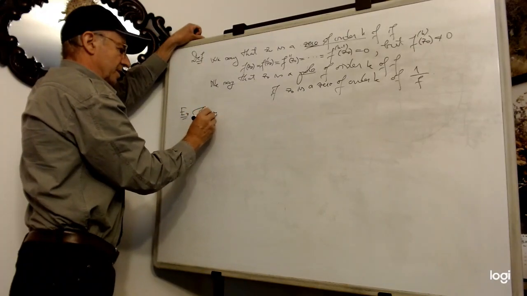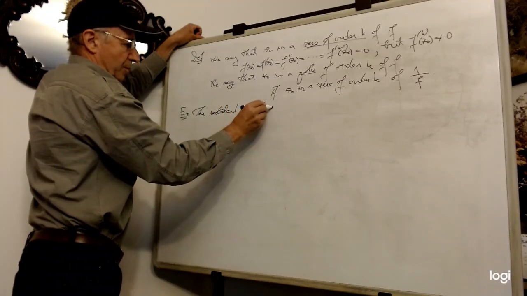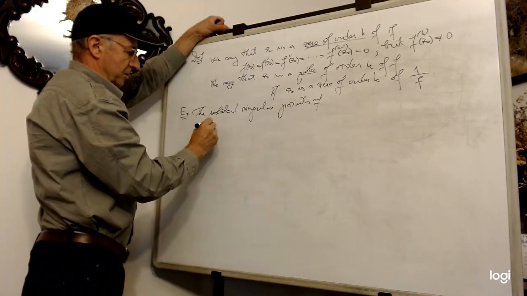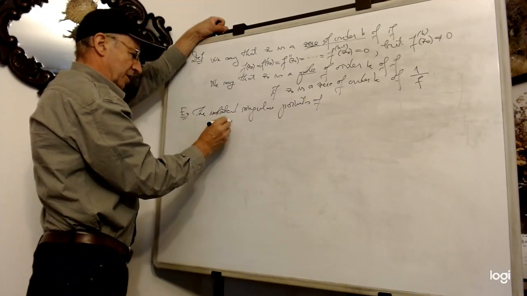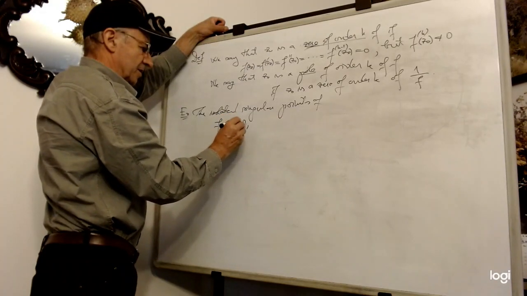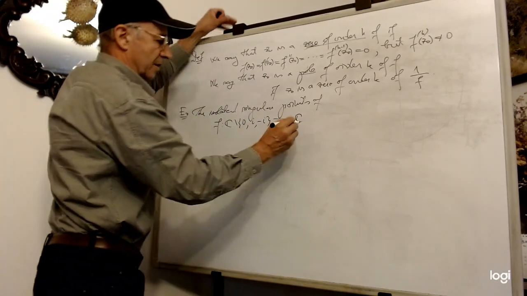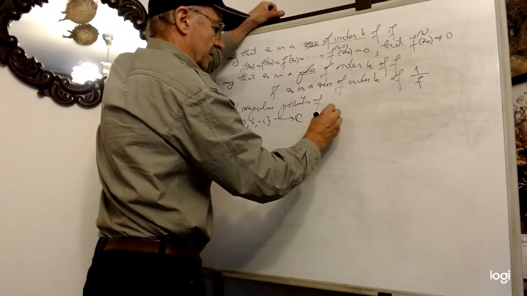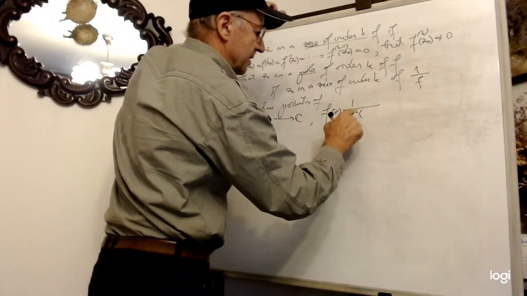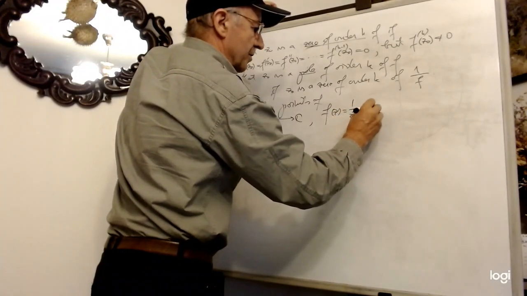The isolated singular points of the function f, let us indicate the domain of definition, C except {0, I, minus I} to C, the function f of z equals 1 over z cubed times z squared plus 1 squared.